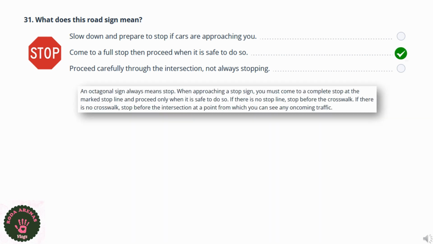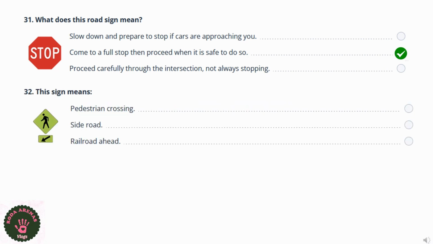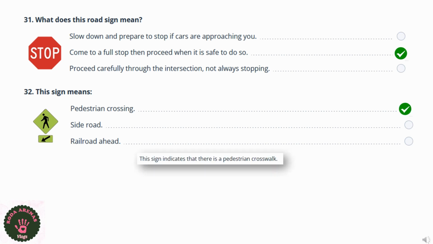The correct answer is come to a full stop, then proceed when it is safe to do so. This sign means pedestrian crossing, side road, railroad ahead. The correct answer is pedestrian crossing.